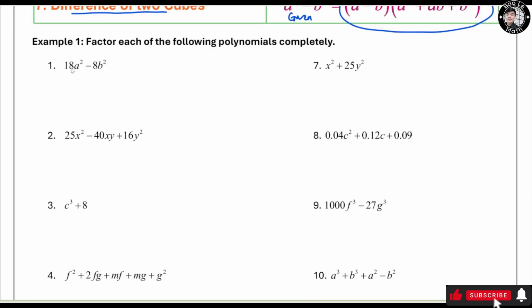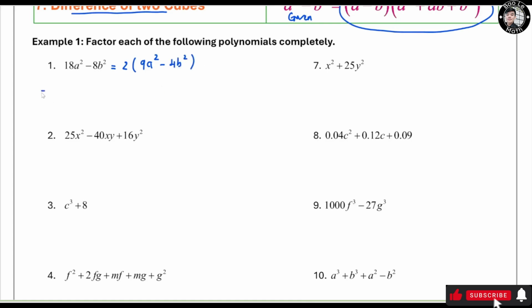Alright, number 1, this is difference of two squares, right? So, I'm going to factor 2 out first. So, it's going to be 9a squared minus 4b squared, right?